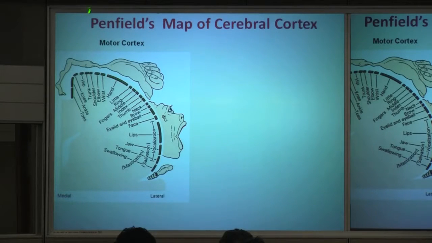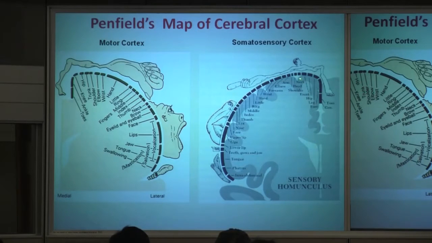Now this cortical map, interestingly, was first discovered or finally characterized by a Canadian neurosurgeon, Penfield. When he was doing neurosurgery, he wanted to figure out which region he could operate on to cure the epilepsy. So you have to do stimulation of every region to find out which region causes epileptic discharge.